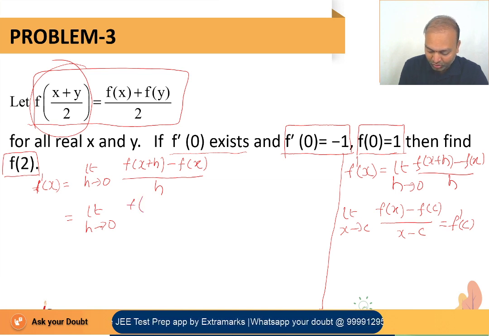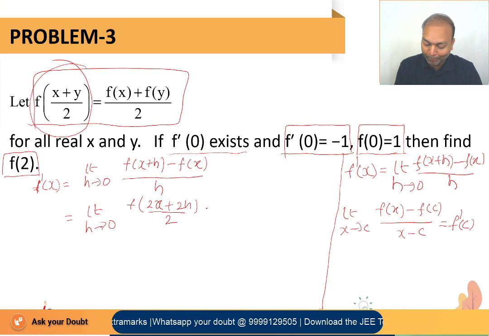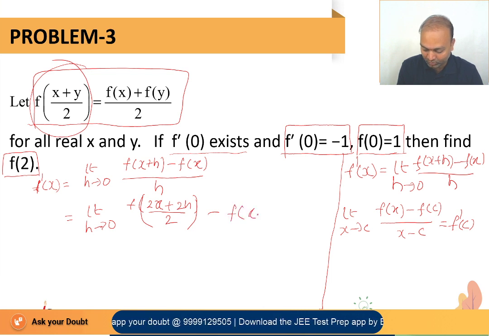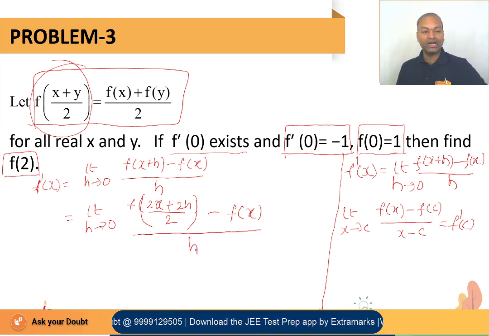So f of (2x plus 2h) whole divided by 2, multiply and divide with 2, minus this part as it is, f of x, whole divided by h.